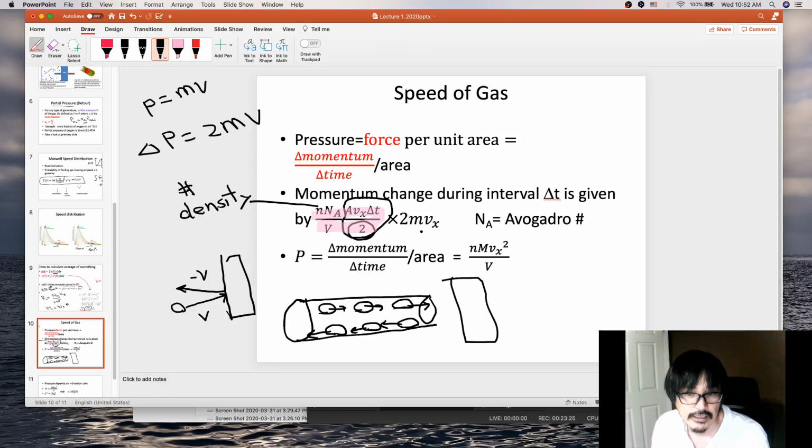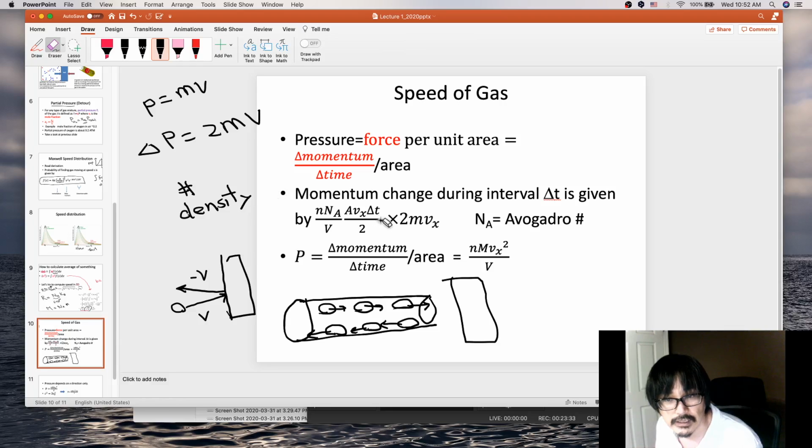If I actually divide the whole thing by delta t, the delta t is going to cancel, right? And then the definition of the pressure is the change in momentum divided by the time interval divided by the area. So that area is going to cancel too.